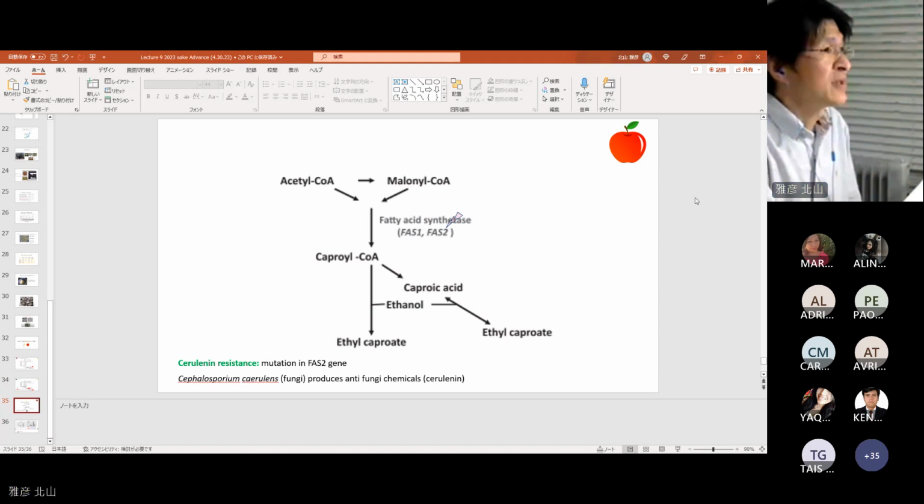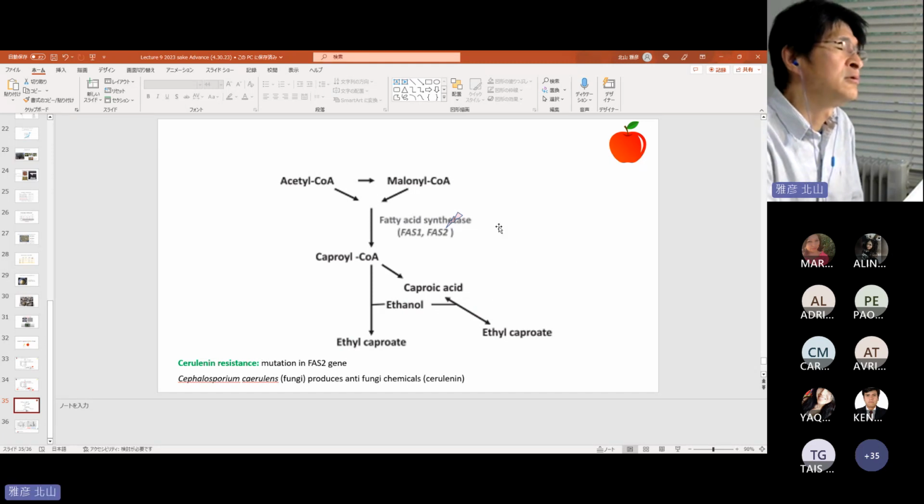So next, here's the aroma of apple. Ethyl caproate makes the aroma of apple. So this shows the metabolic pathway to make ethyl caproate. People try to make a mutant on the enzyme called fatty acid synthase by selecting the cerulenin resistance gene of yeast.